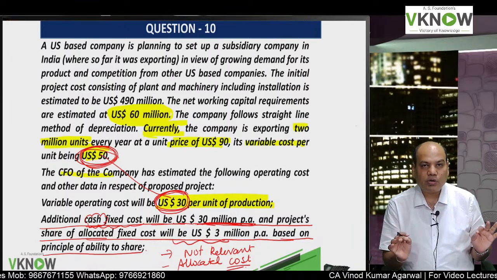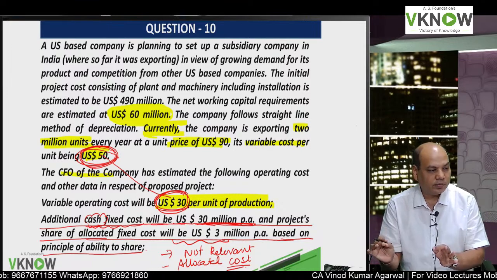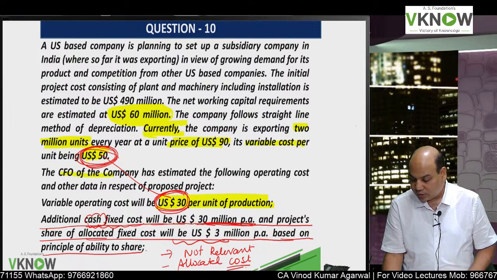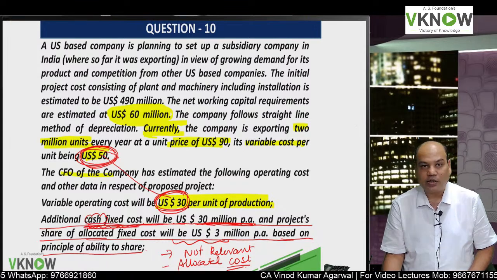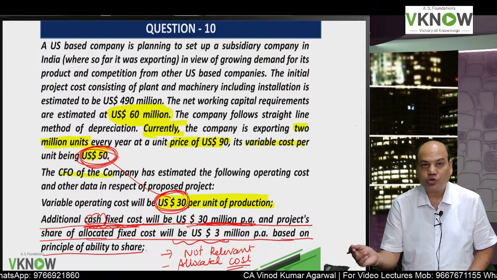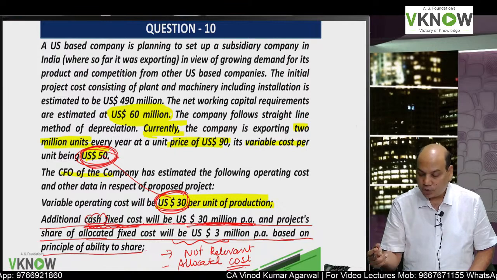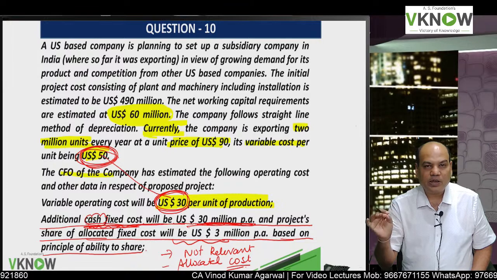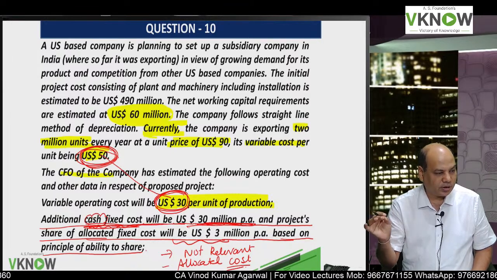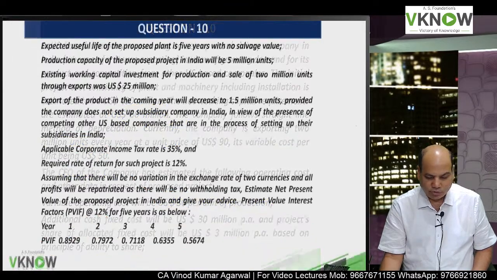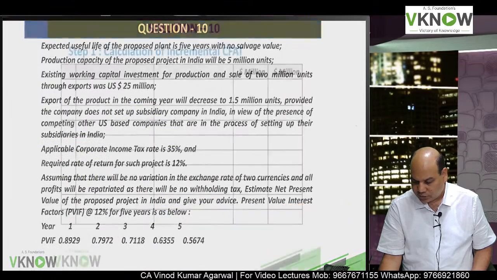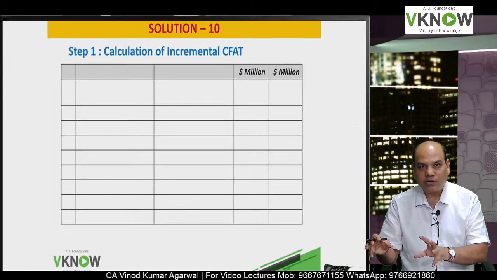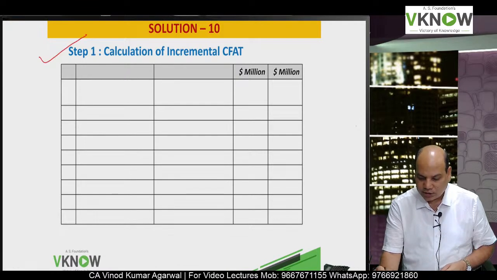So what variable cost I was supposed to incur versus what I will incur in future, I will consider. Third is cash fixed cost we will incur, 30 million, which was not there earlier. Fourth, we will get the benefit of depreciation. Depreciation is a tax shield expense, so we'll get the benefit of depreciation. So I will merge all these numbers and calculate the incremental CFAT.